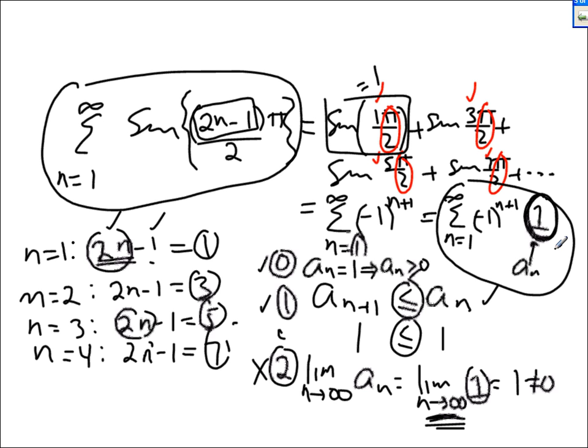Don't even bother using this test until you realize it's alternating. Just because you have a negative 1 to the n plus 1 isn't enough to say it's alternating. And let me show you that very clearly.